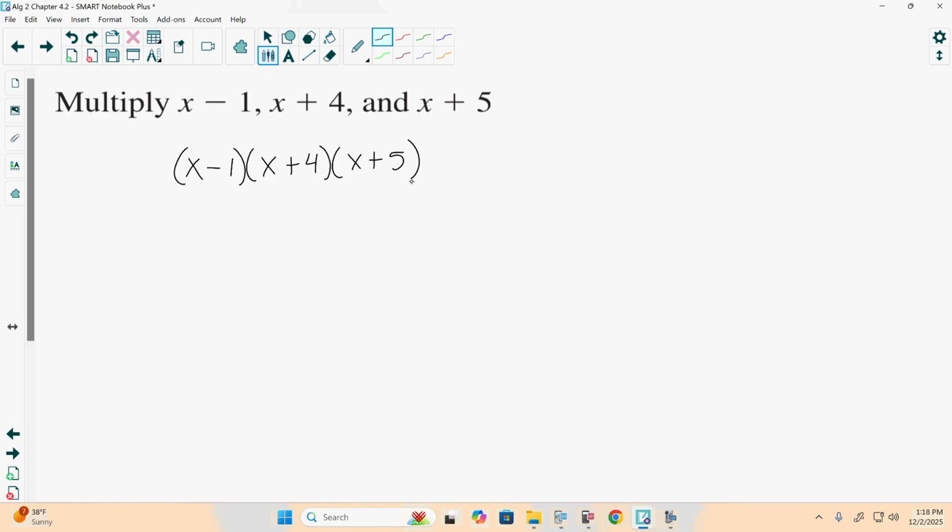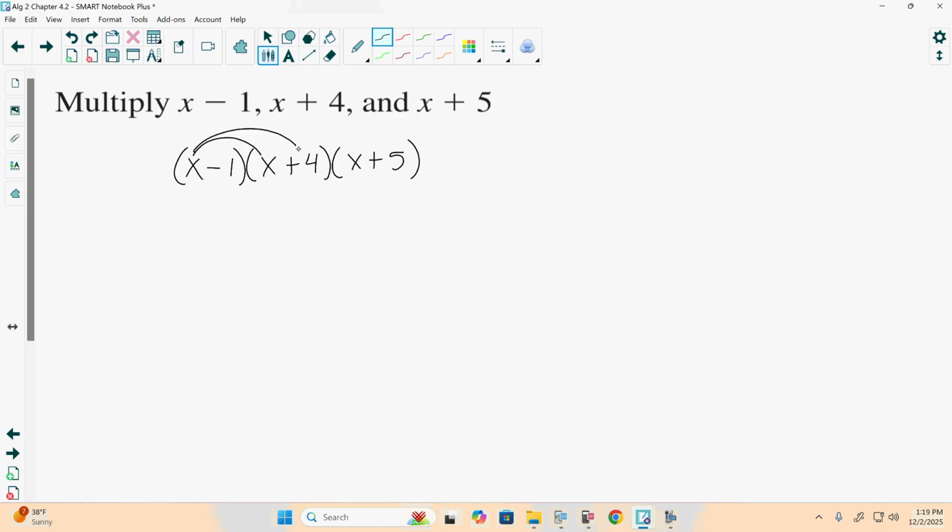Here it doesn't really make a difference doing x minus 1 and x plus 4, multiplying those first, or x plus 4 and x plus 5. The only one I would avoid multiplying first would be x minus 1 and x plus 5. That's a little bit of a jump to try to do.